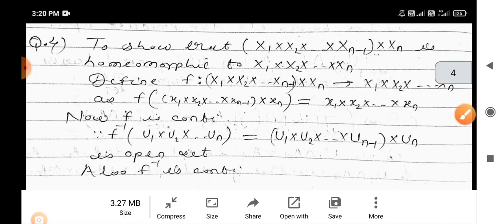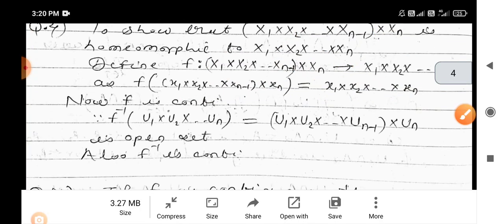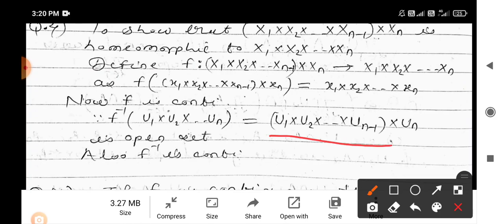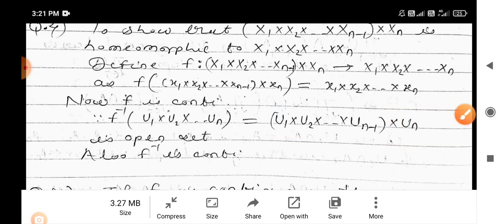Then f inverse of U1 cross U2 cross Un is nothing but U1 cross U2 cross U3 up to Un minus 1, cross Un. So clearly each of U1, U2, U3 is an open set, then U1 cross U2 up to cross Un minus 1 is an open set, and Un is an open set. This implies f inverse of U1 cross U2 cross Un is again an open set. So f is continuous, f inverse is continuous. This shows that the corresponding mapping is a homeomorphism.